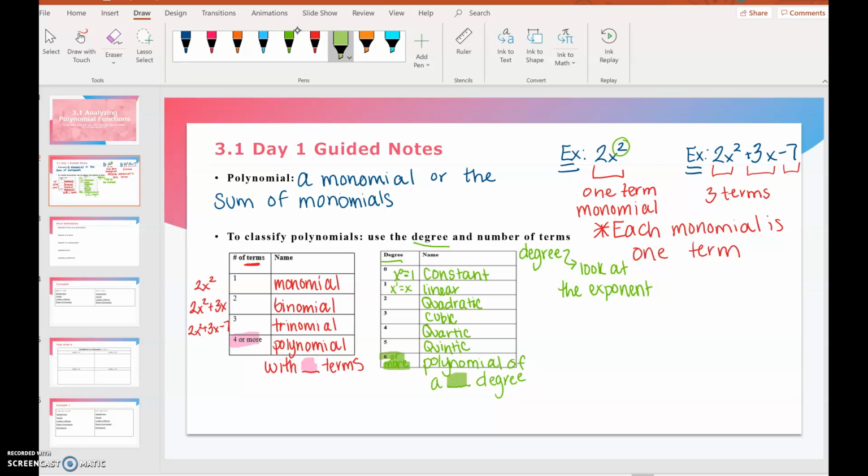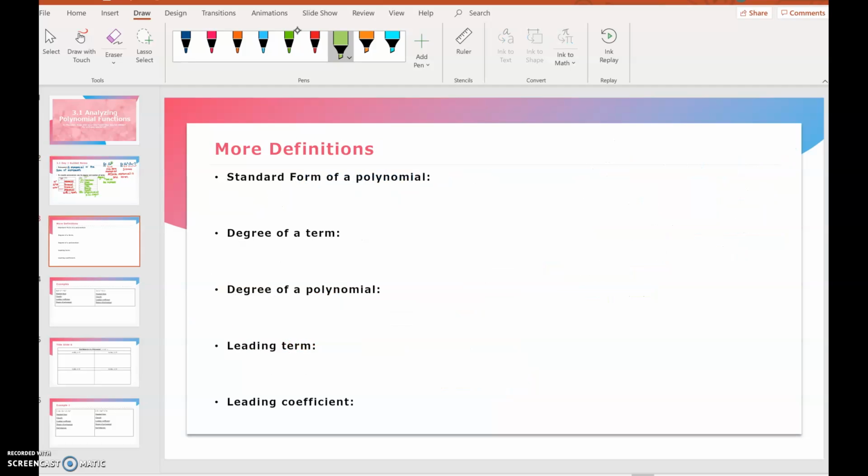Right now we're just going over all the definitions and getting all of that in front of us, and then we're going to be doing some examples to apply it. So let's go ahead and look at some more definitions. I know, that's the boring part. I'm sorry. So we're going to look at just what is the standard form of a polynomial.